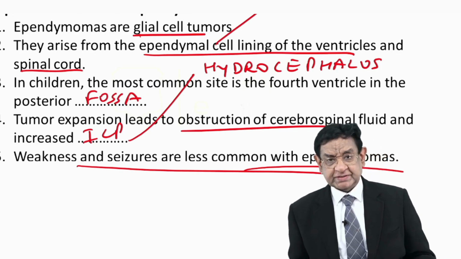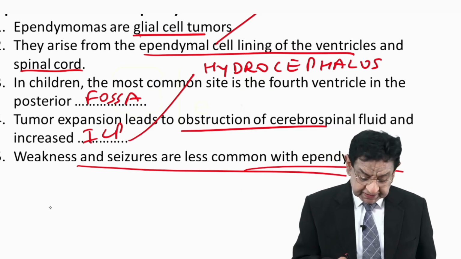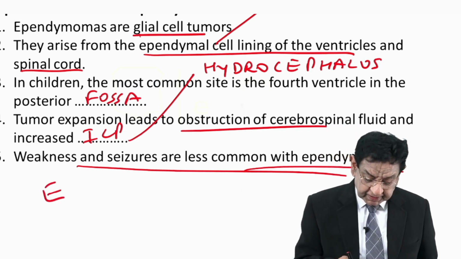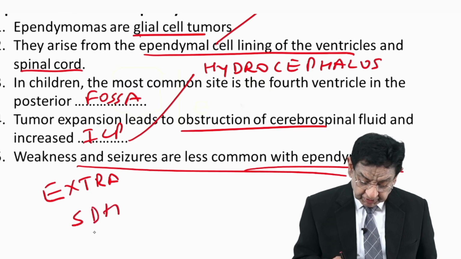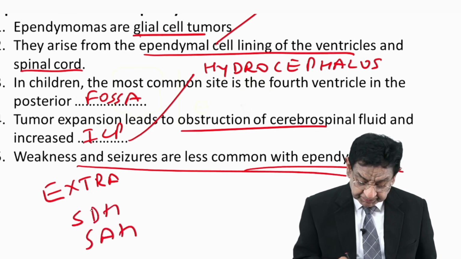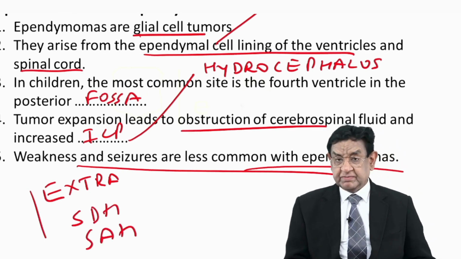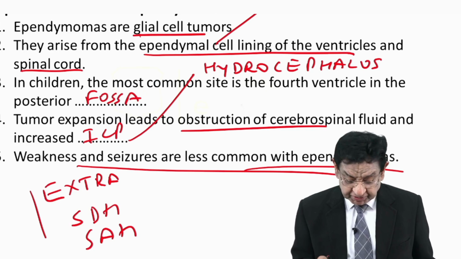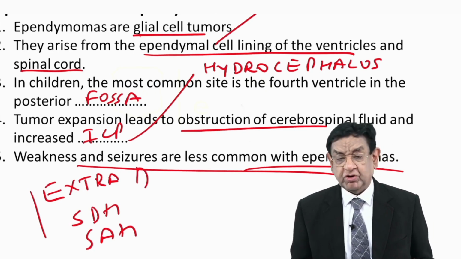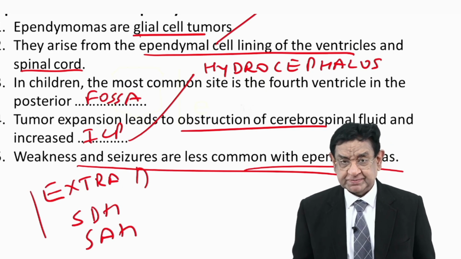Now the question is, out of the three sites, extradural, subdural or subarachnoid hemorrhage, this hydrocephalus is most likely to happen in which of the three conditions?